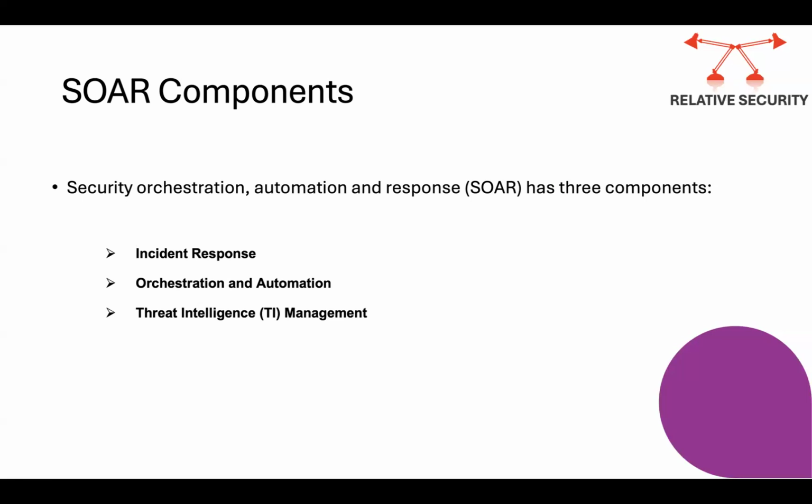It will help you automate routine tasks such as threat detection, enrichment, and remediation. When it comes to incident response, it provides workflows and playbooks to manage the incident response process from detection to resolution. Lastly, threat intelligence management incorporates threat intelligence to enrich the incident data and improve the response actions.